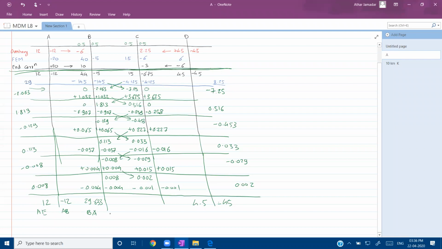For MBC, minus 15 minus 14.5 minus 2.063 plus 1.032 plus 1.813 minus 0.907 minus 0.129 plus 0.065 plus 0.113 minus 0.057 minus 0.008 plus 0.004 plus 0.008 minus 0.004. If you take vertical this summation, so this will be minus 29.633.